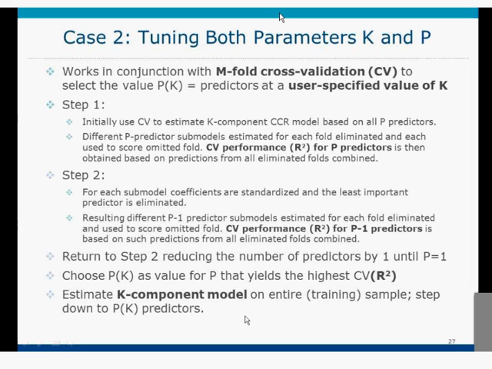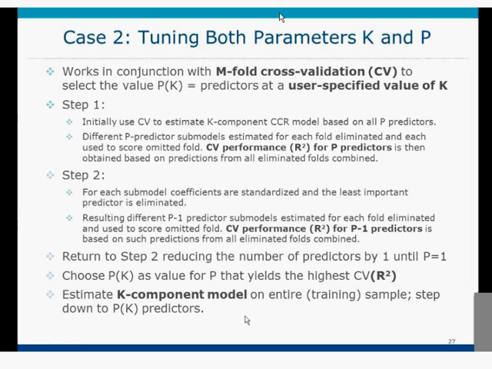We just use the data to determine the number of predictors, and then we step down to that number of predictors. So we don't have p-values. p-values no longer have the properties that they have in traditional regression when you have near collinearity.